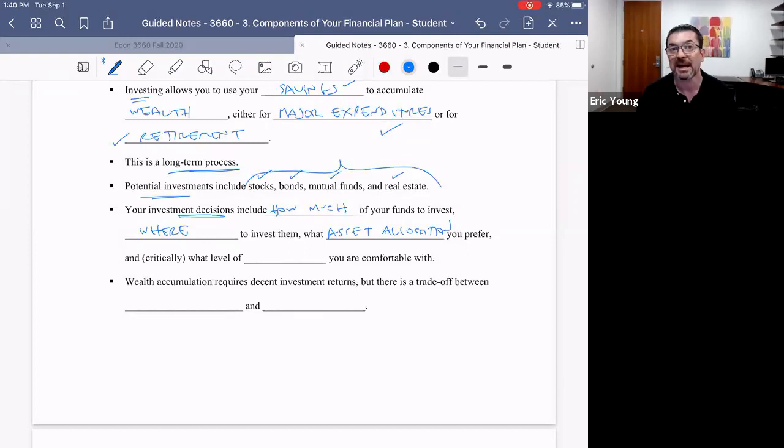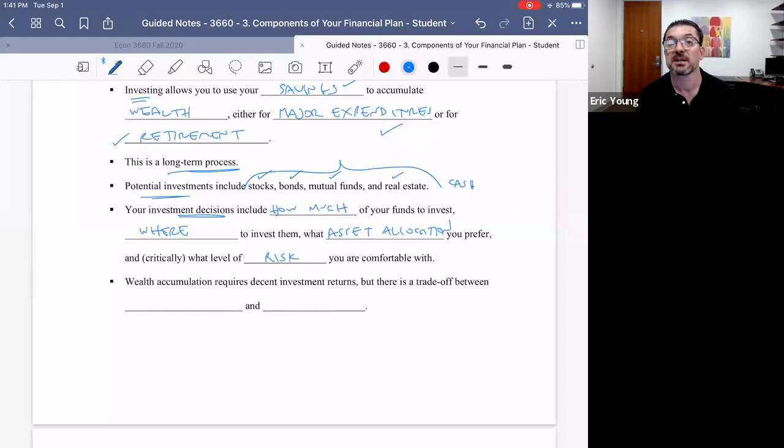Actually, if you really want to be complete on asset allocation, you would add a 5th vehicle, and that's your cash, right? So you have to make decisions on how much to invest, on where to invest, on what asset allocation you prefer, and critically, with the level of risk that you are comfortable with.